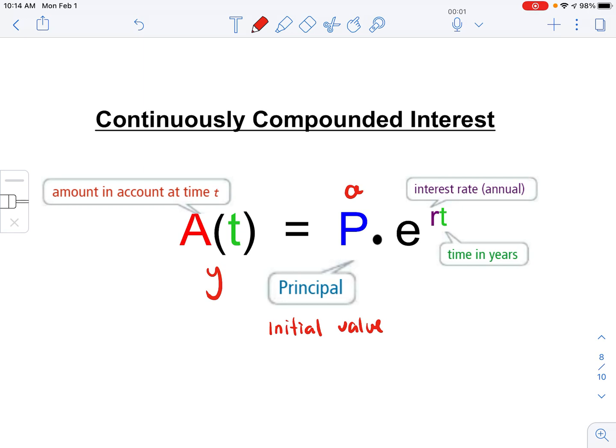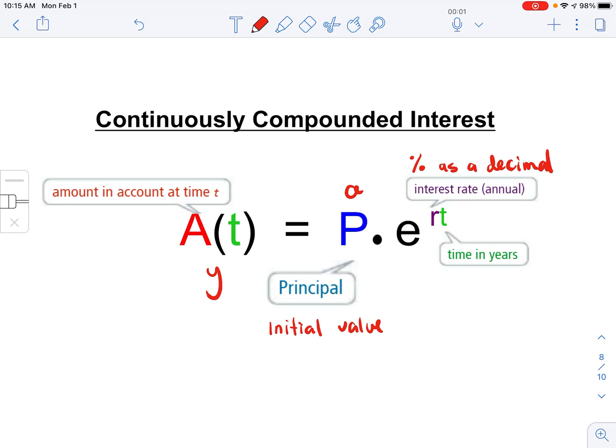Now, here's where things get a little bit different. Instead of having a growth factor in the question, we now have e as our base, okay? And we're going to be raising e to an exponent that includes our interest rate. Things to remember: the interest rate here is the percentage as a decimal, of course, because we can't calculate with percentages.